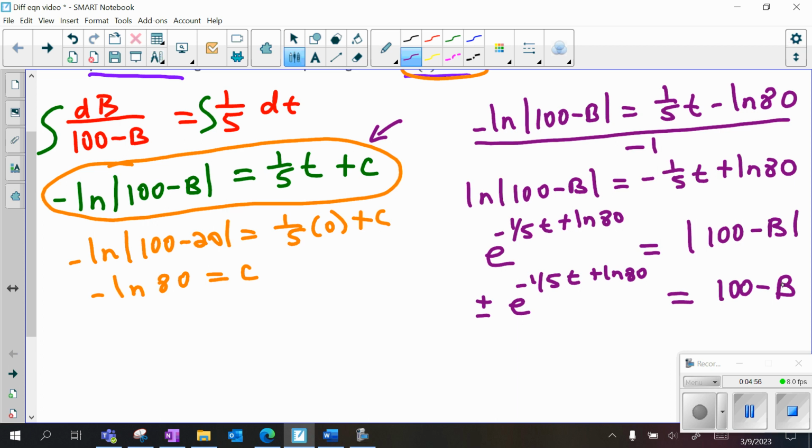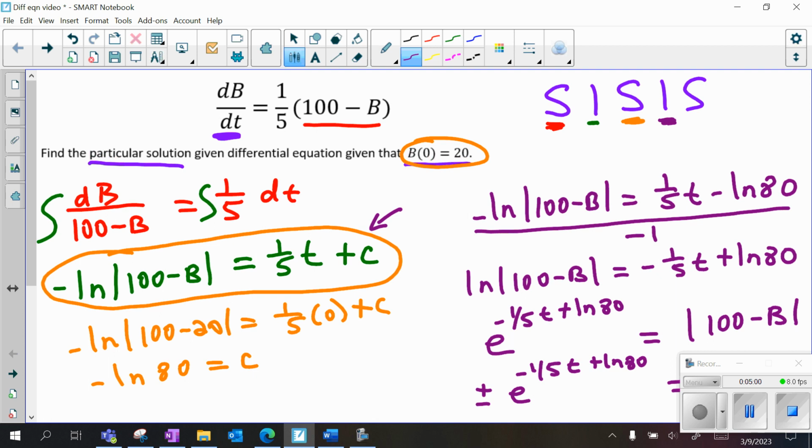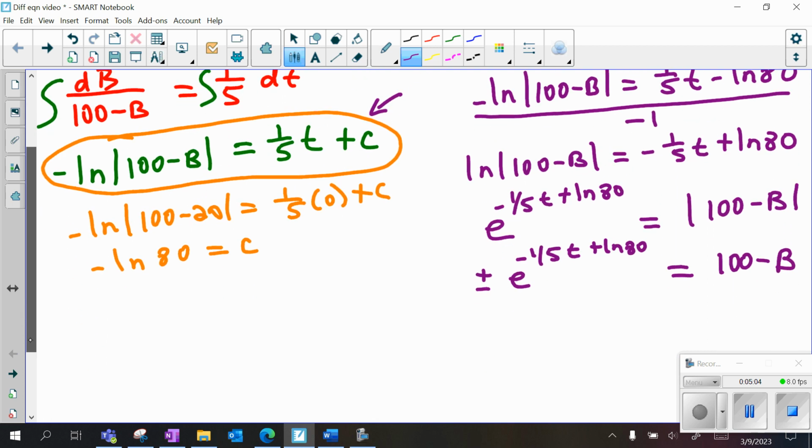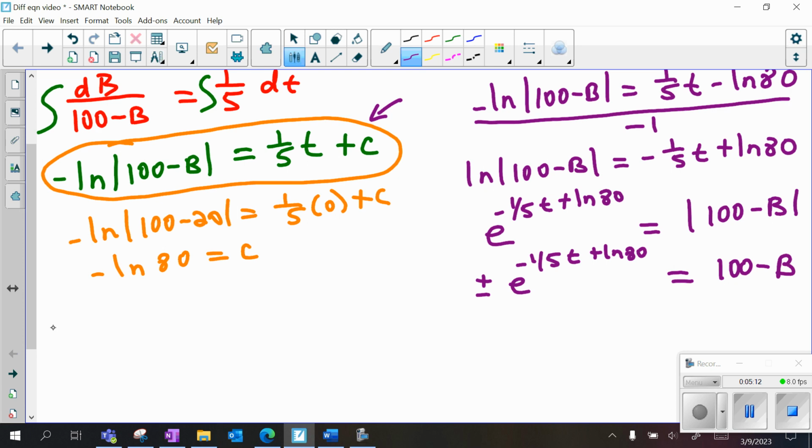All right, so before we get b by itself, we could work on this last S and select our choice. Is it plus or is it minus this E expression? So remember, the 100 minus B is what was inside the absolute value. So that value is either a plus or a minus.